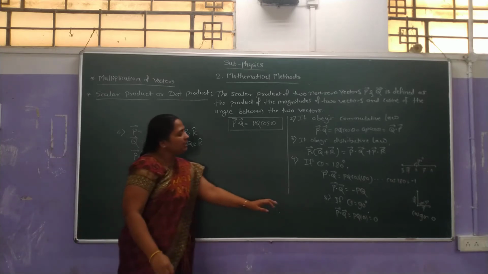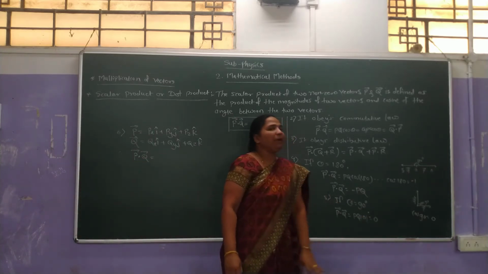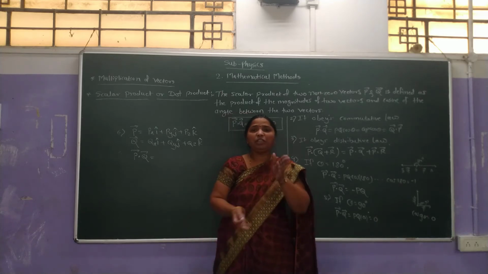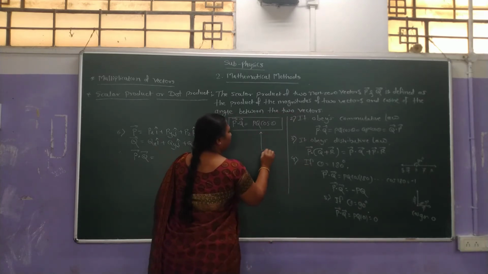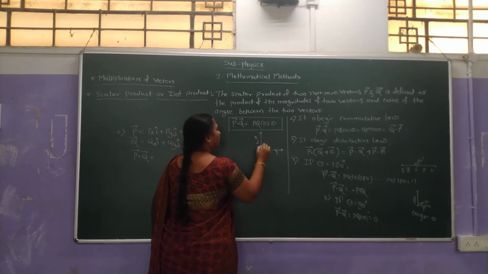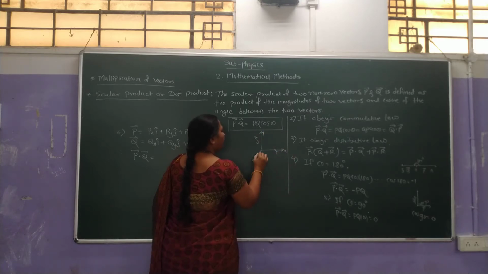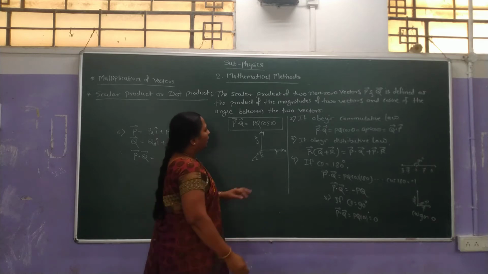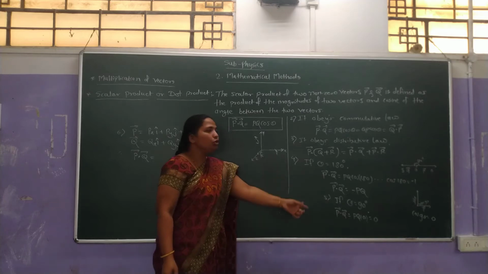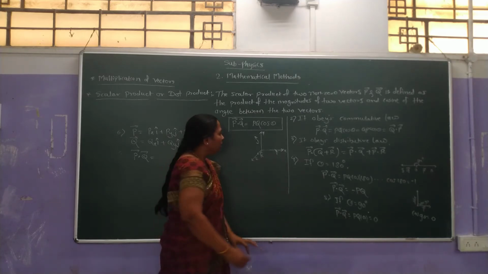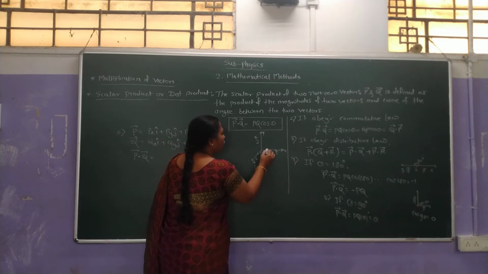By using the characteristic that if two vectors are perpendicular to each other, their dot product is 0: the i vector and j vector are perpendicular, and the x axis and z axis are perpendicular, therefore i dot k is 0, and i dot j is 0.